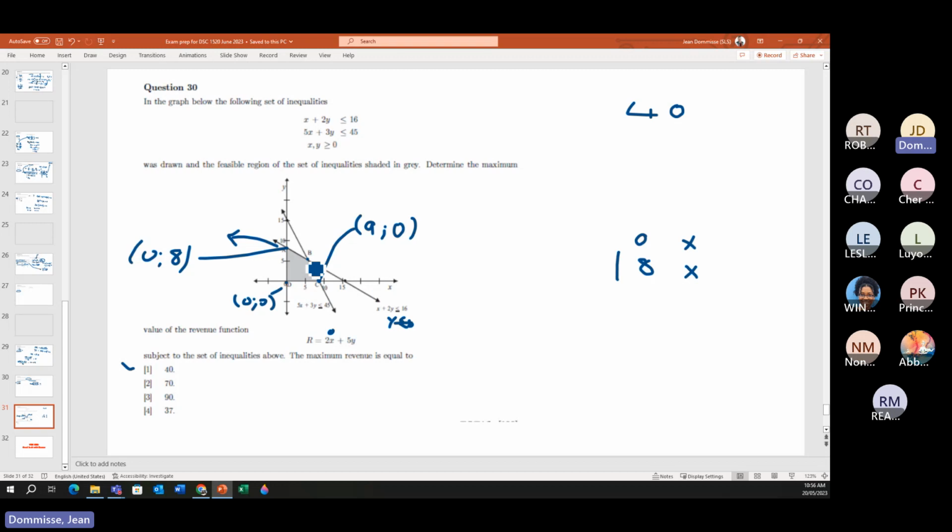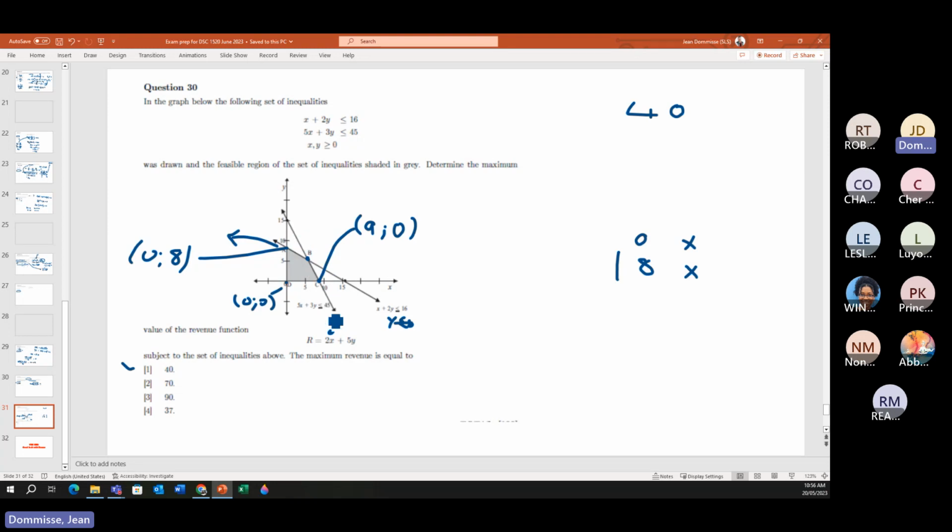And then if I look at that point, I can guesstimate it's going to be about 5 each, but I'm not 100% sure. So I just need to first work out what that point is.